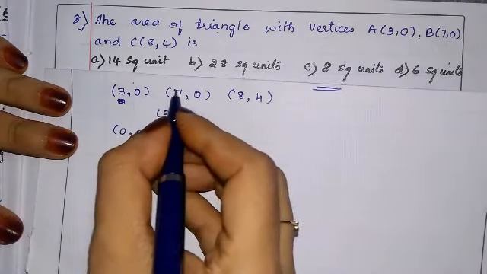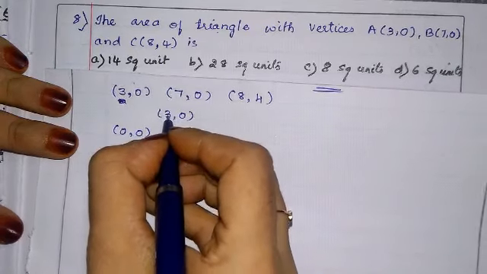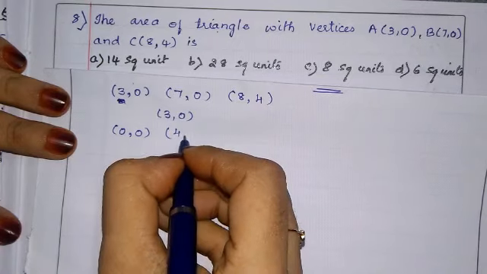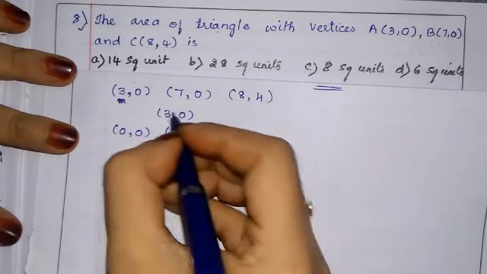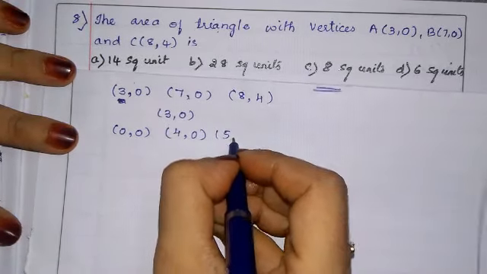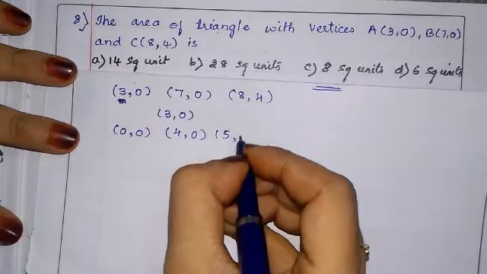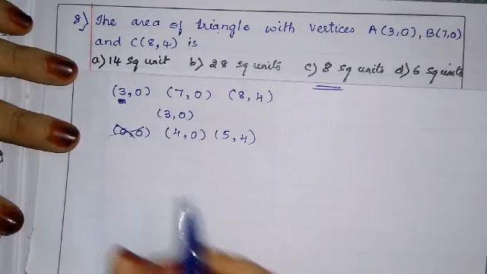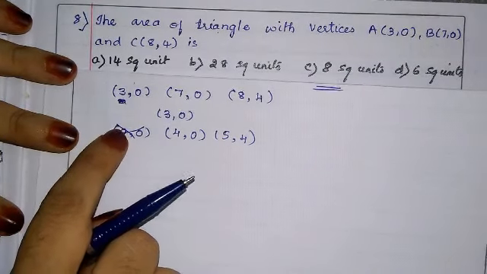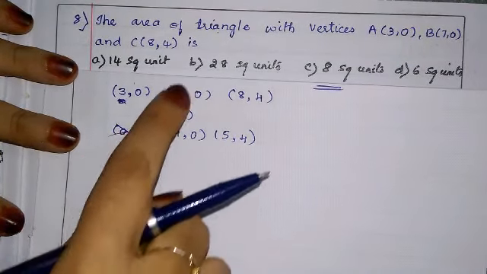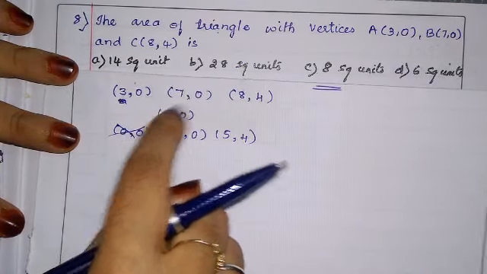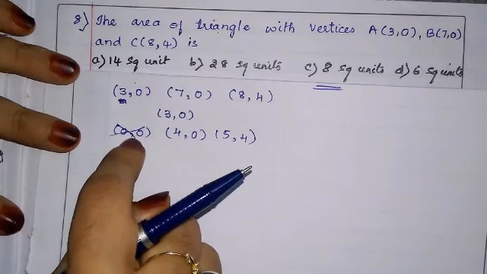Second point, 7 minus 3 will be 4, then 0 minus 0 is 0. 8 minus 3 is 5, and 4 minus 0 is 4. Now this 0, 0 we have to leave. One point will be 0, 0 if we subtract. For example, if we take 7, 0, then 7 minus 7, any one point will become 0 only.